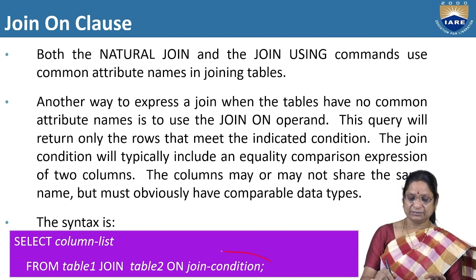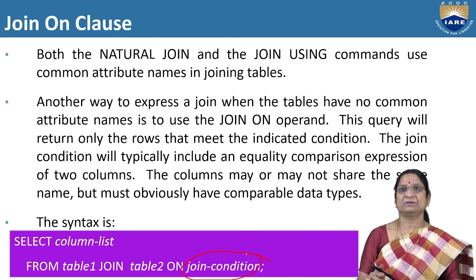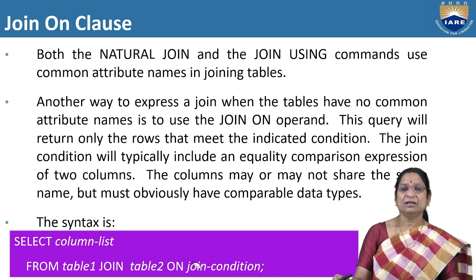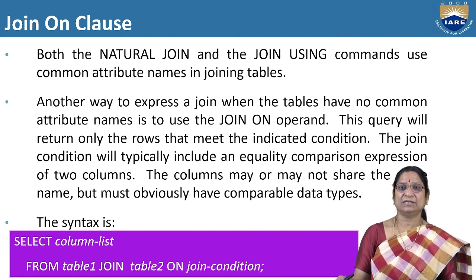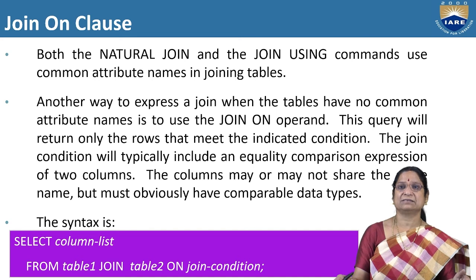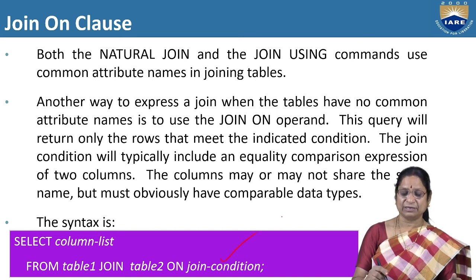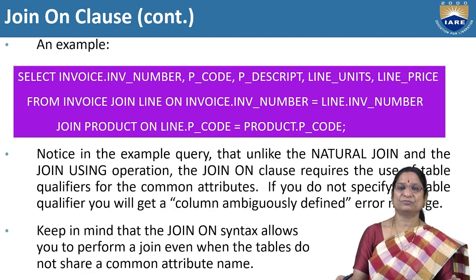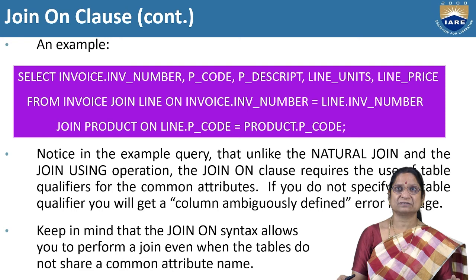Here on means we will write the condition. Previously we used the common column name. If there is no common column, it is not a natural join, then we will use the on clause by satisfying this join condition. This is a new one supported by most of the recent Oracle versions, SQL versions.